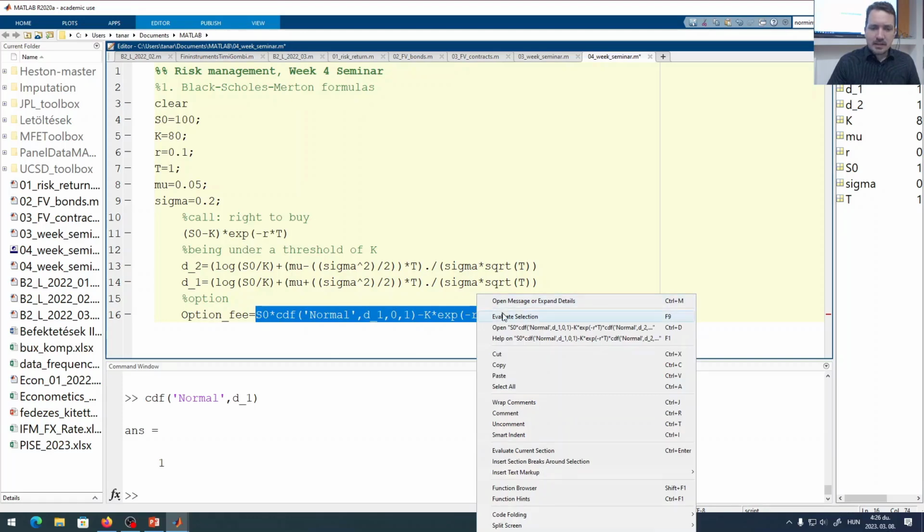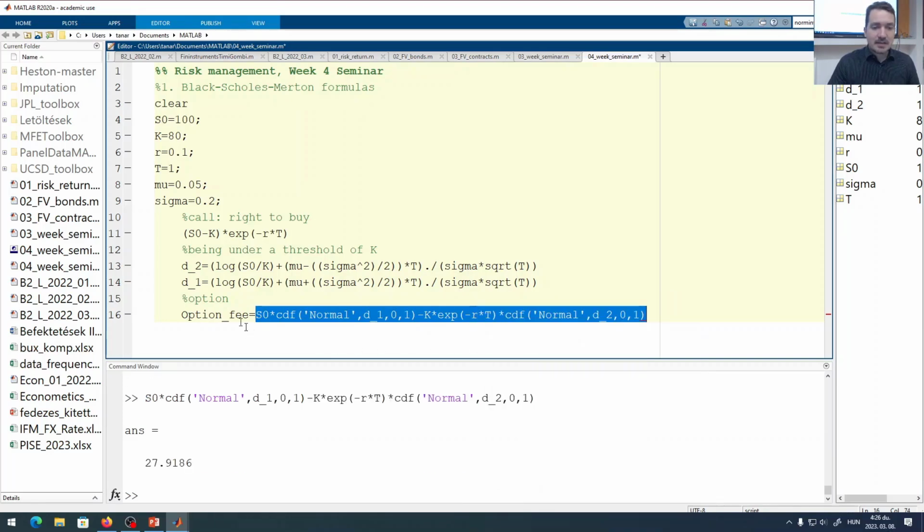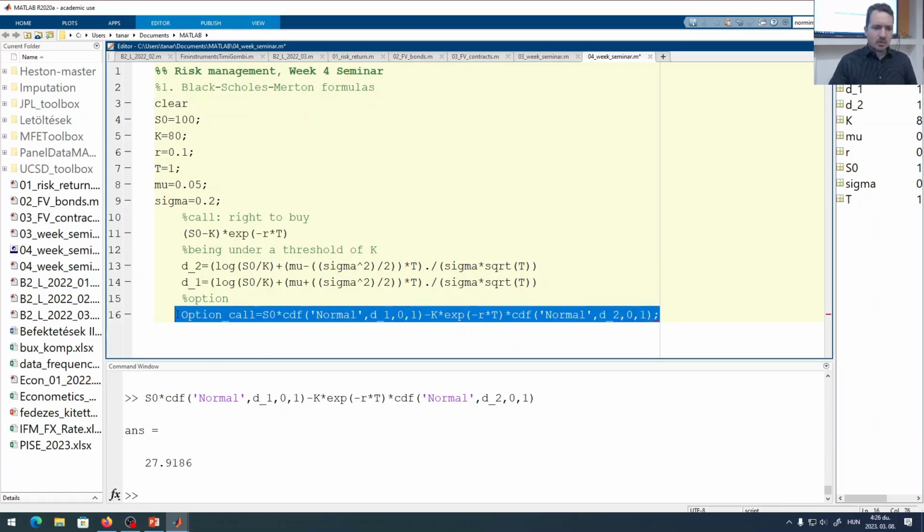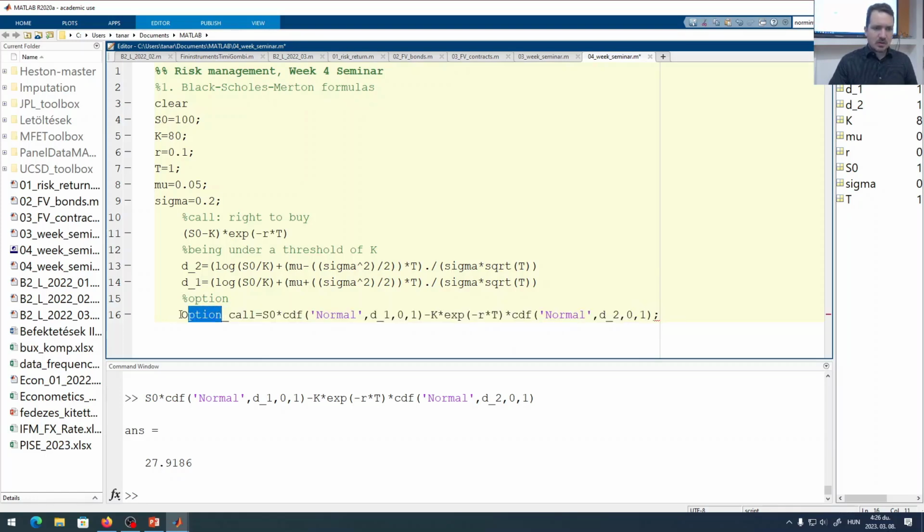So now let's see, does it have a value? It has. So this option fee is happily working. Or let's say not option fee, but option call. And let's create also the put option here, option put.